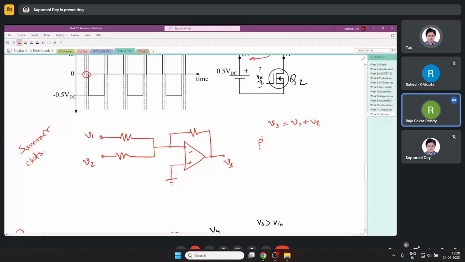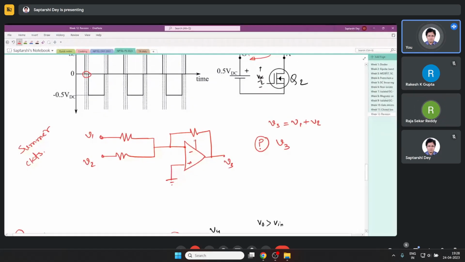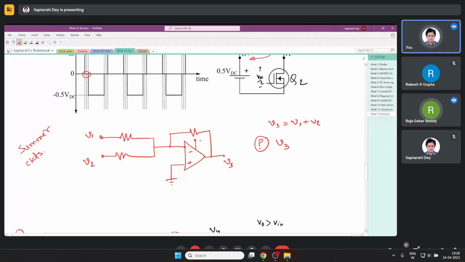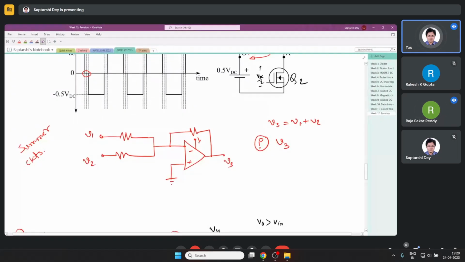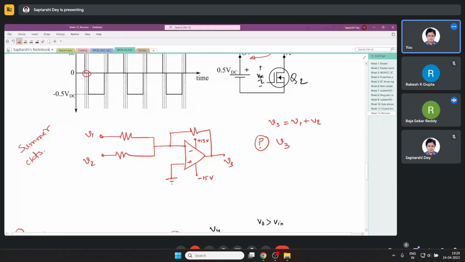The first check you must do is on V3. Let us talk in terms of numbers. I have given plus 15 volt and minus 15 volt supply to the op-amp.